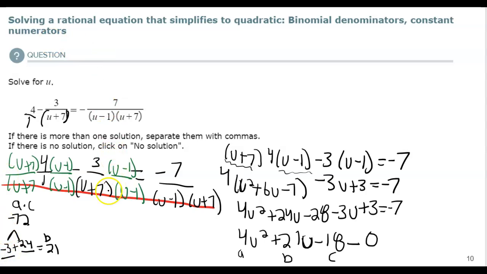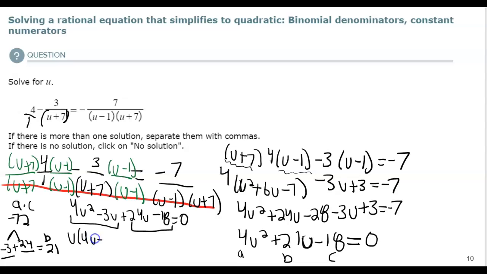Well, that looks better. So I can pull a u out of this. I can pull a 6 out of this.